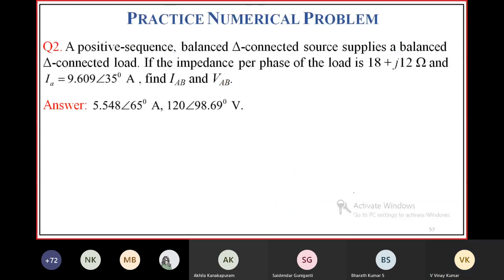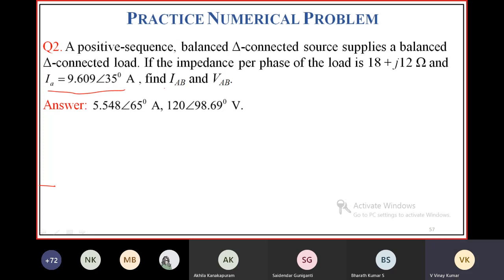Solve this: a positive sequence balanced delta connected source implies a balanced delta connected load. Delta connection, delta connected source, delta connected load. Okay, you can also find this. Here the line current is given.